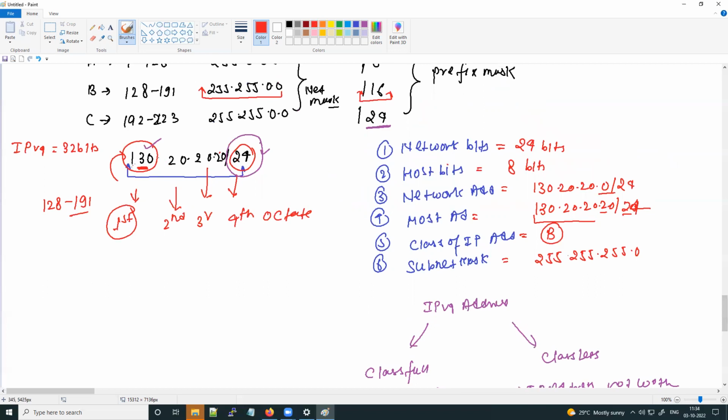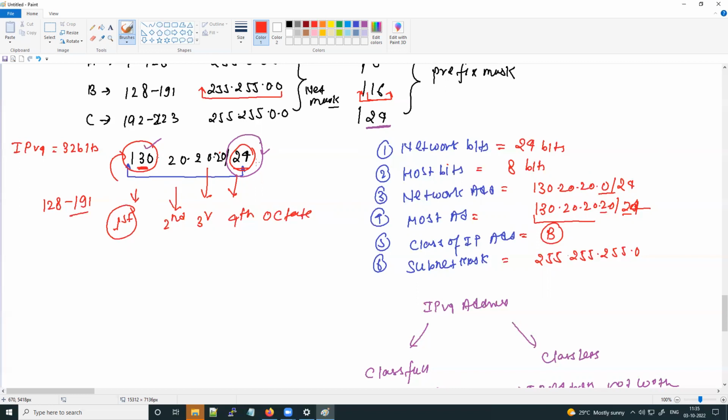So here, a class B IP address should technically have the default mask /16, but what we have here is /24. It means this IP address doesn't have the default mask, so it's a classless IP address.